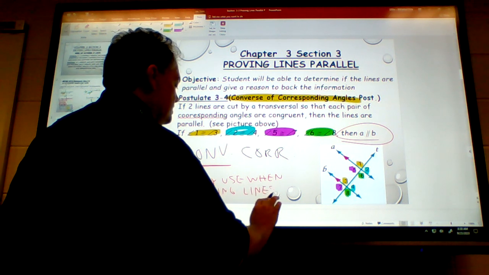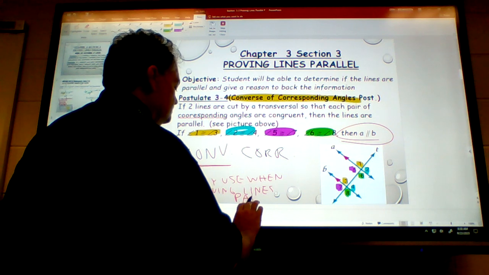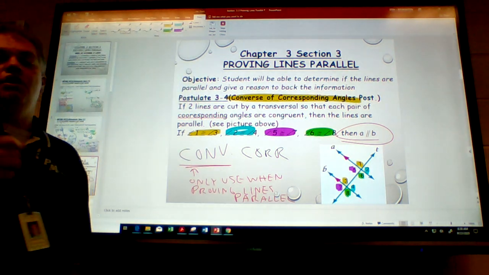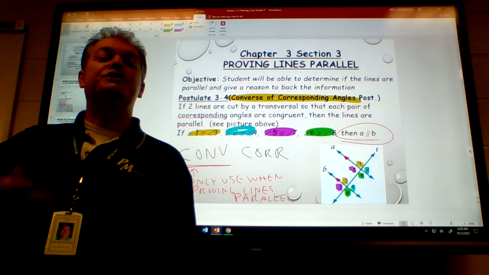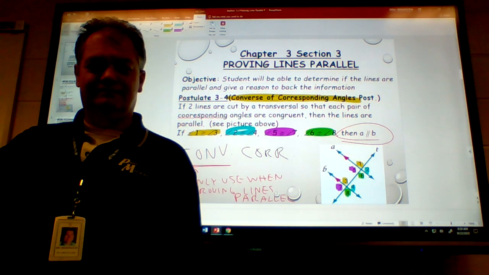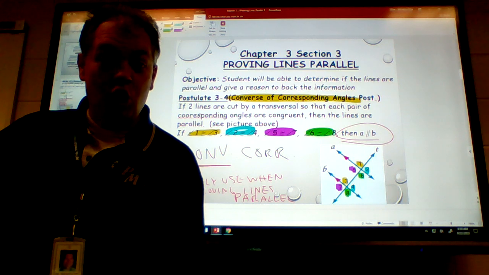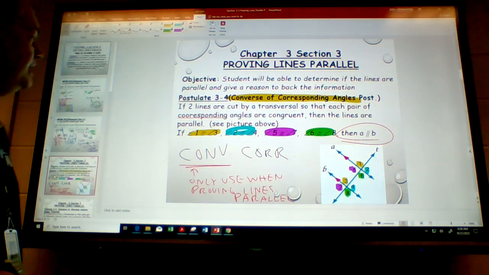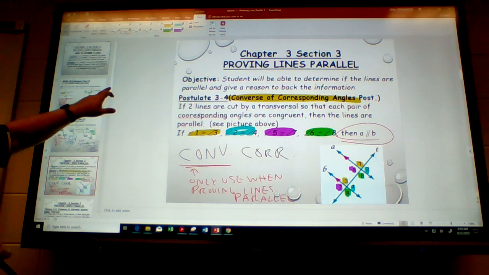You only use the converse when you're trying to prove lines parallel. Let me say that again. You only use the converse when proving lines parallel. Make a note of that. I'm going to be emphasizing that a lot, so get used to it.